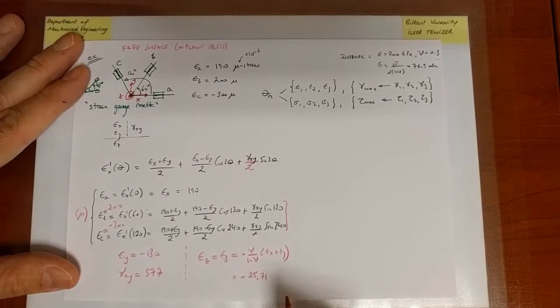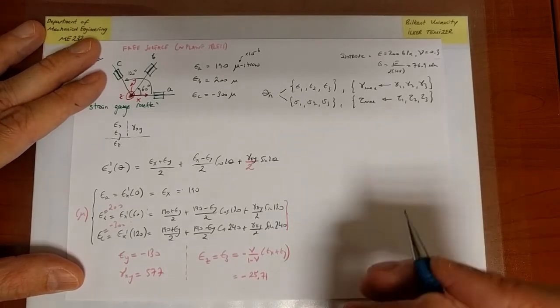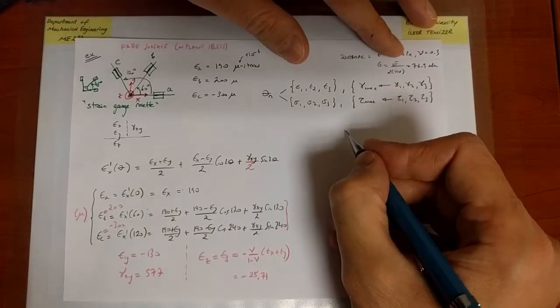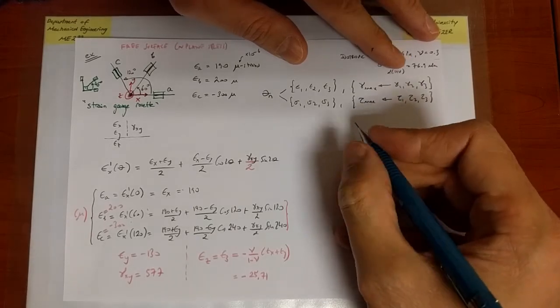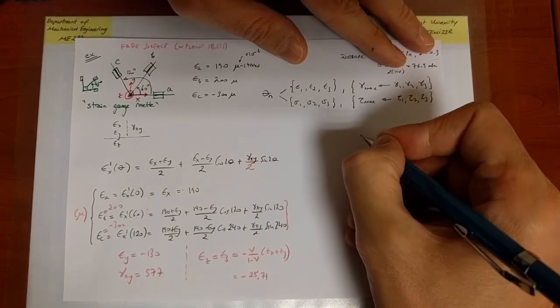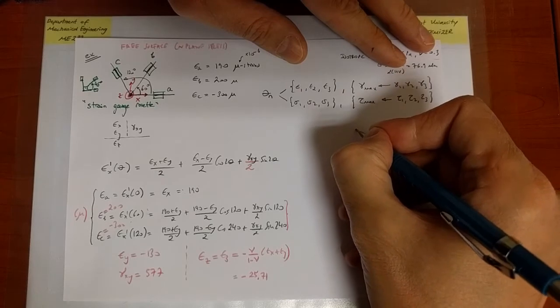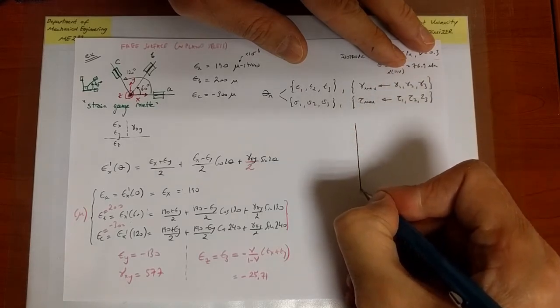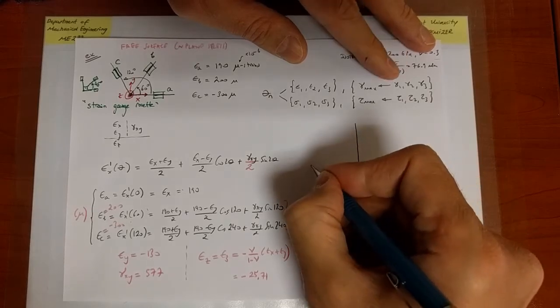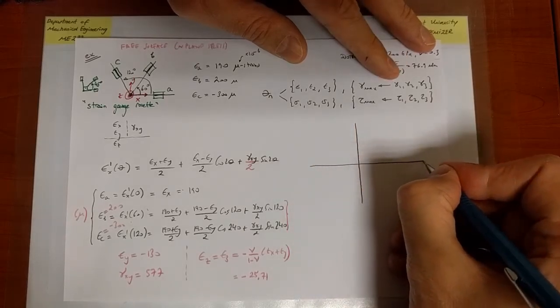Okay. Now that we have all of that information, let's go ahead and draw the Mohr circle. So the Mohr circle is going to be drawn, remember, in exactly the same way, except that I have to keep in mind how the axes are labeled.